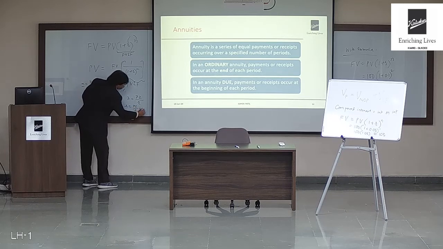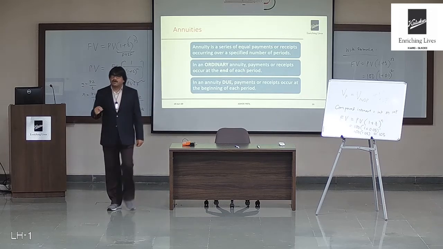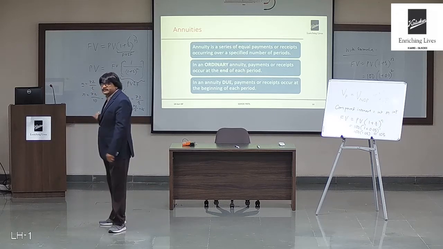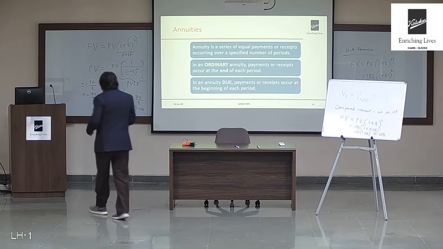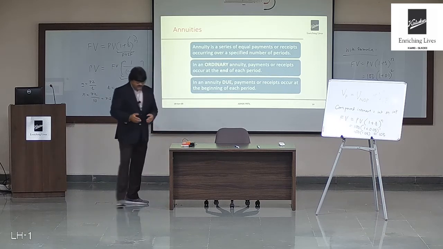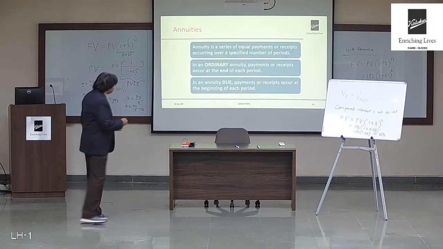That means 36% needs to be given in order for the amount to be doubled in 2 years. This is a handy tool, a trick which is used, but normally for the cash flows generated by the firms, we should use the formulas or the tables.